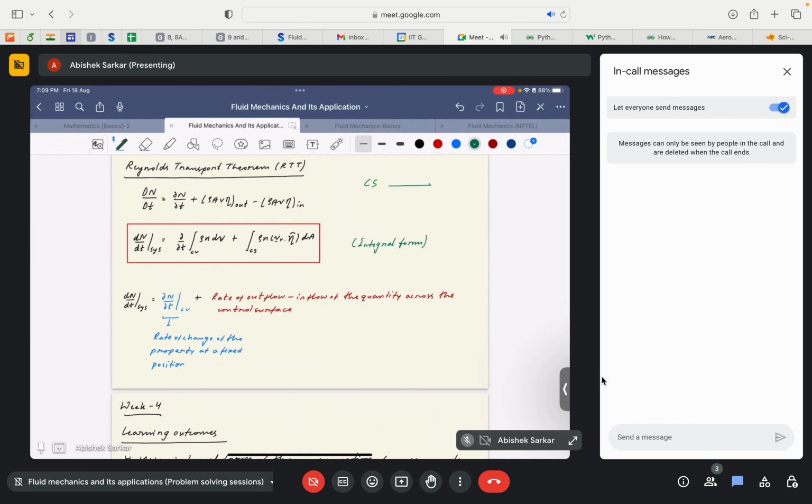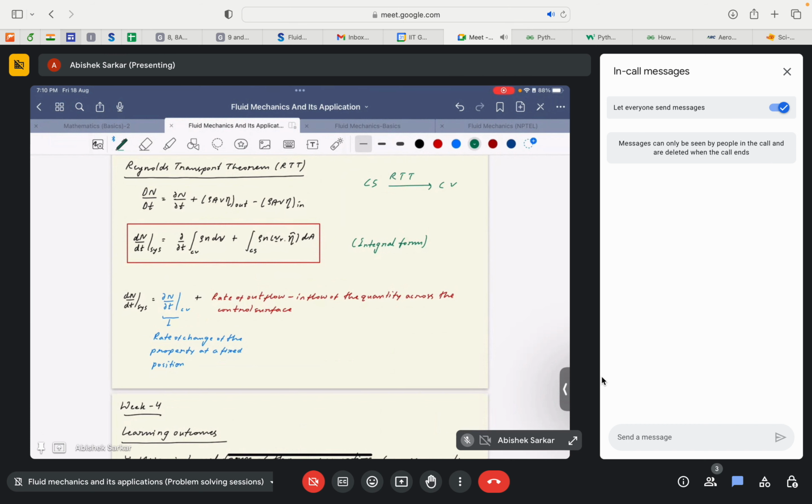Control system to the control volume approach. RTT acts as a mathematical transformation of the governing equations. And why do we need to do so? It's because of the fact that, as I usually tell anyone who is new to the field of fluid mechanics, all the concepts and problems of fluid mechanics boil down to three fundamental laws.